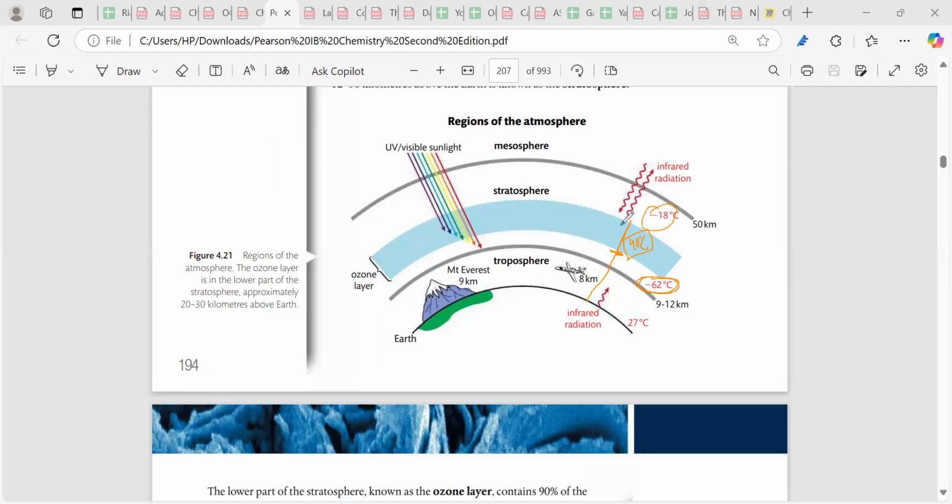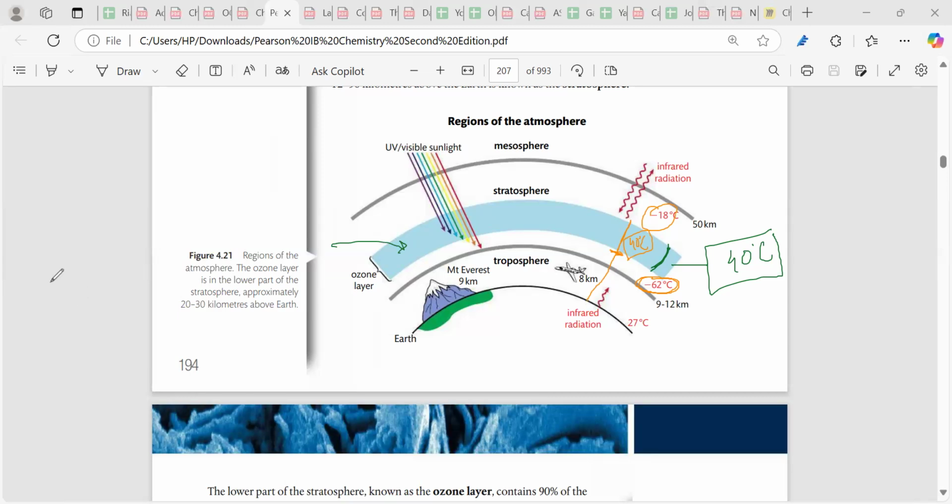There must be something happening in this layer which makes it very hot. A 40 degree increase is a huge thing, isn't it? The stratosphere helps us keep the earth warmer. It means some reaction is happening over here which is keeping our earth warmer.